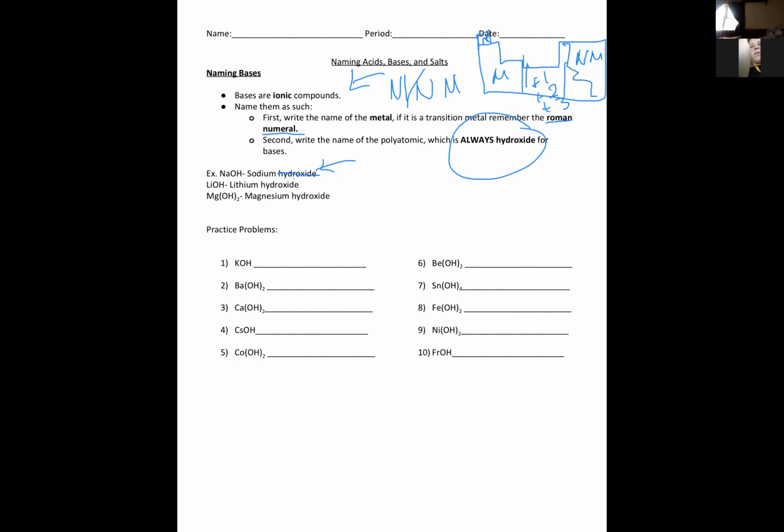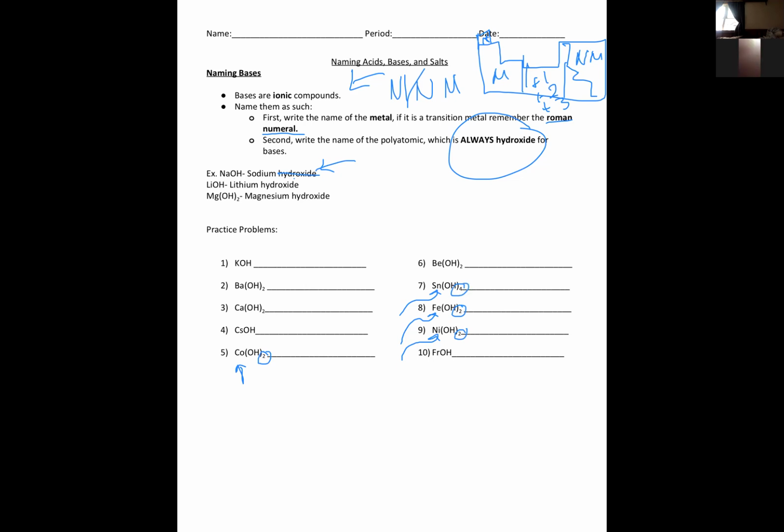Some other ones over here are going to be nickel, iron, tin, and cobalt. All of these are considered transition metals, so you're going to need to look at the number that's on the outside of the hydroxide to tell you what Roman numeral you need to write.